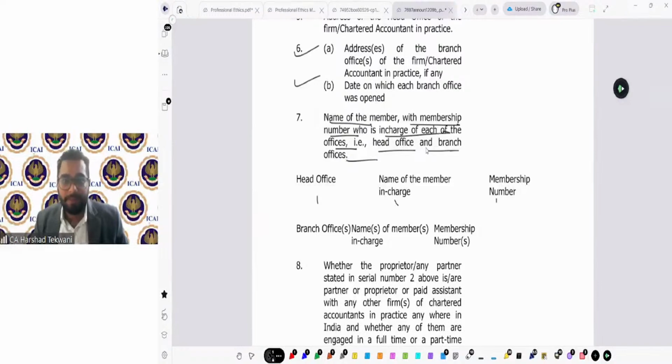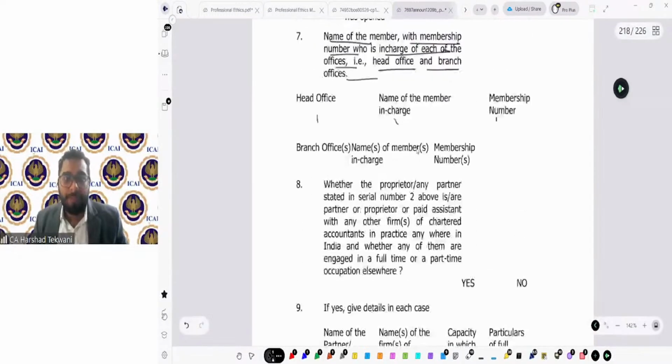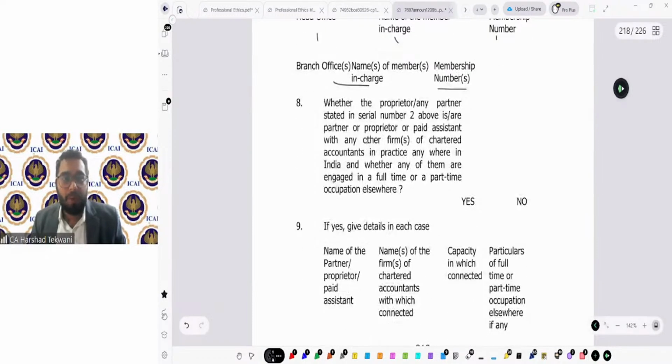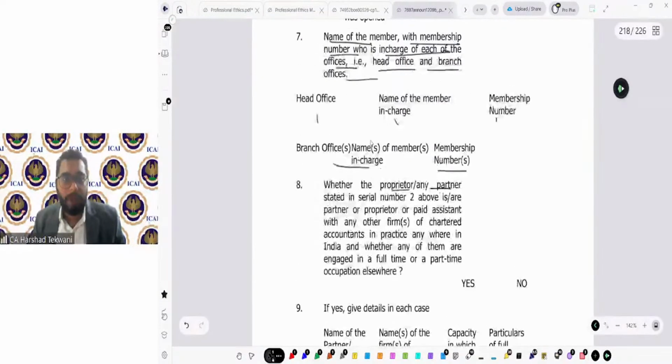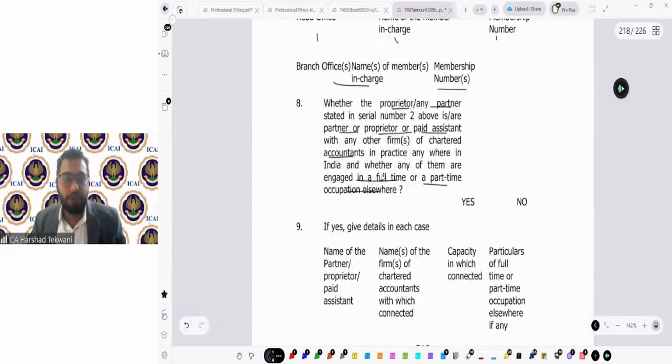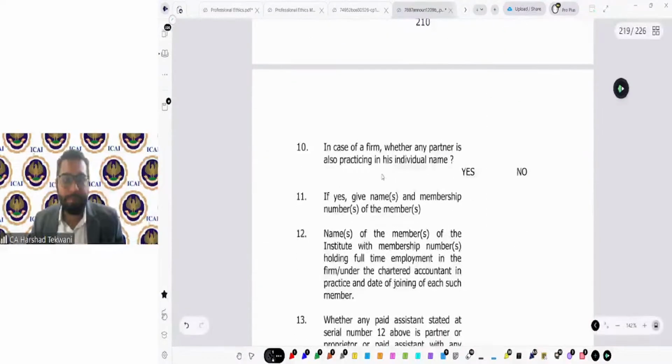Along with that, you need to provide whether the proprietor or any partner stated above is a partner, proprietor or paid assistant with another firm in practice, or whether he is in full-time or part-time occupation elsewhere. So employment is fine. There is no issue with respect to employment.